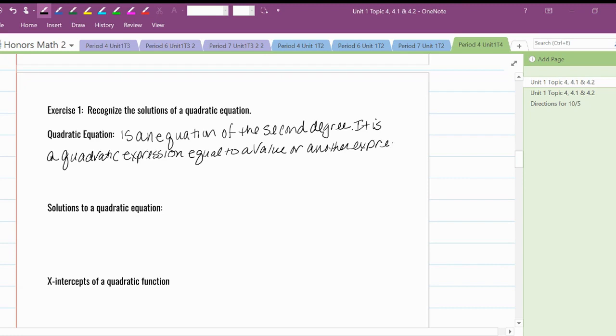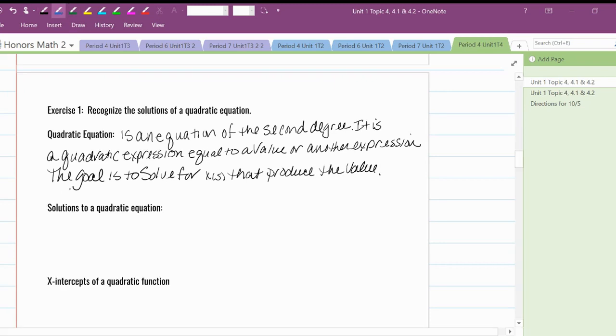Today we're going to just stick with the value. The goal is to solve for x or x's that produce the value.